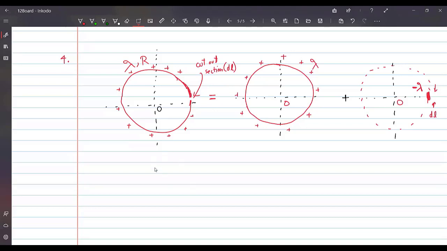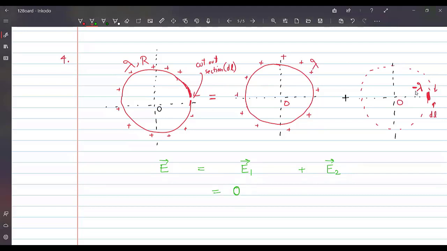So the principle of superposition simply says that electric field will be the sum of the values of electric field due to different cases, because these two cases combine together to give you this case. For the full ring, electric field was 0.